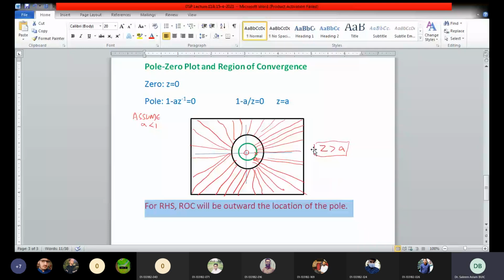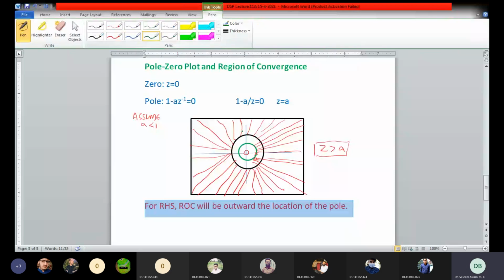If the unit circle comes inside the ROC, then we call the system stable. Sorry, this was from green, it's not from black.